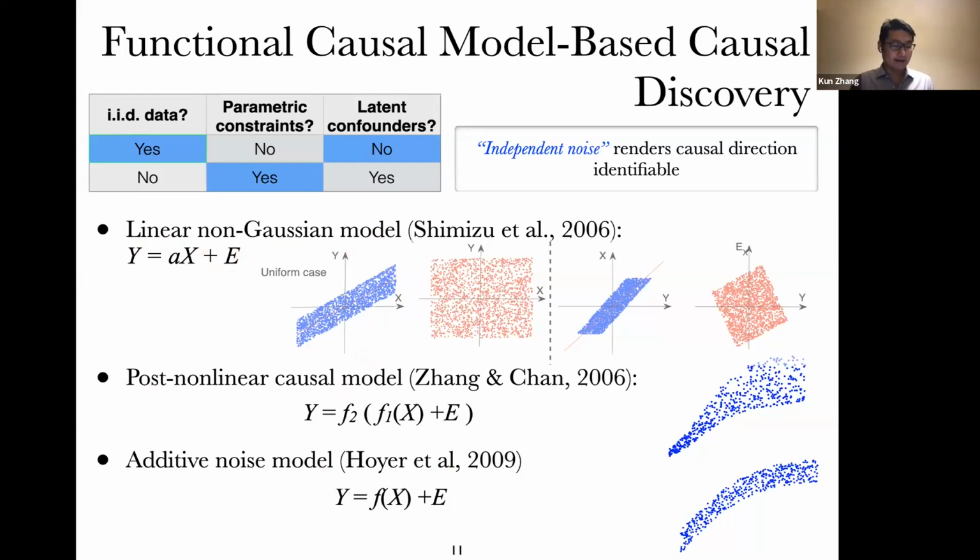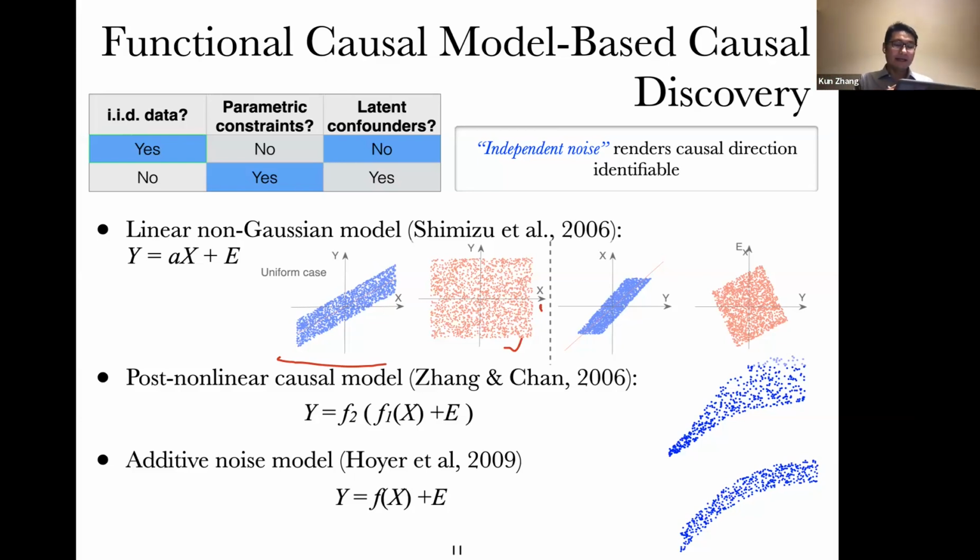Right here, you can see the scatter plot of X, Y. And then if you try to explain the effect Y in terms of X, the cause, you know it's linear, so you do linear regression, and then the residual will be uncorrelated with and also independent from the cause, as you can see from here, because you just try to recover the underlying truth.